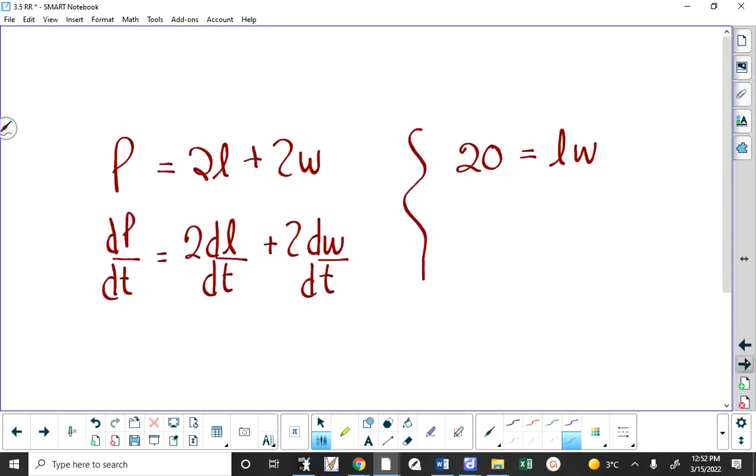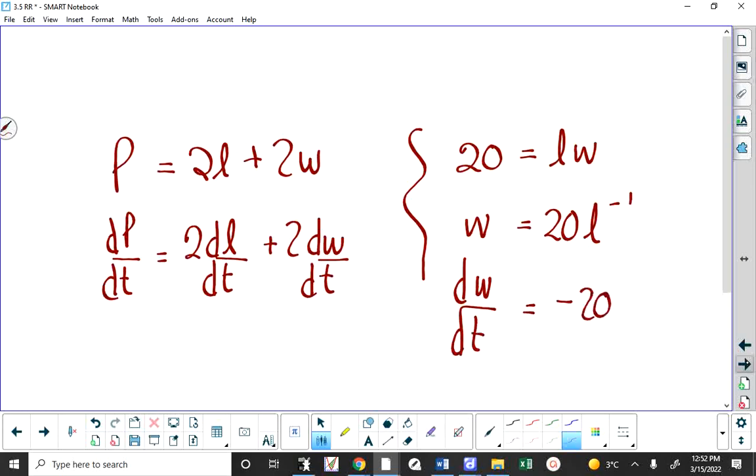But I'm going to go with it anyway. And over here, I'm going to rearrange this for W and write it as 20 L to the negative 1. And then I can differentiate this and say dw dt equals negative 20 L to the negative 2 dl dt.